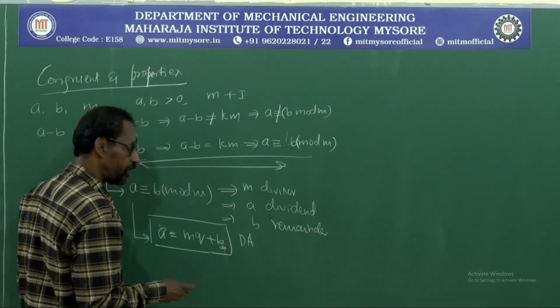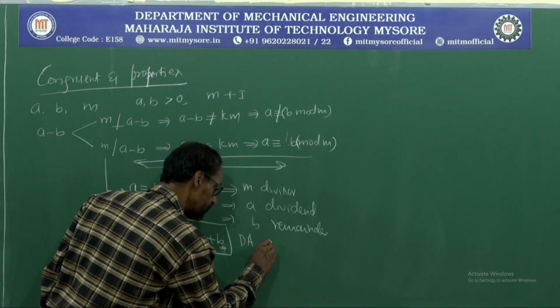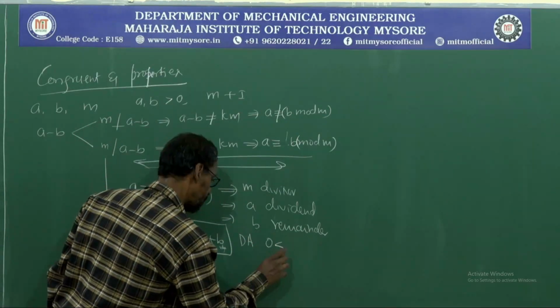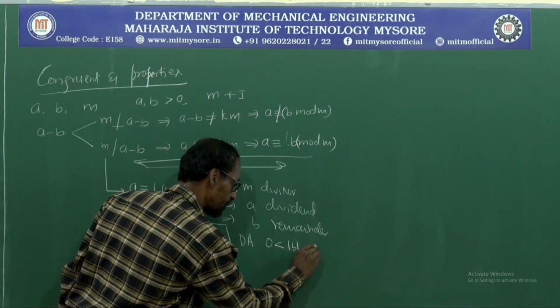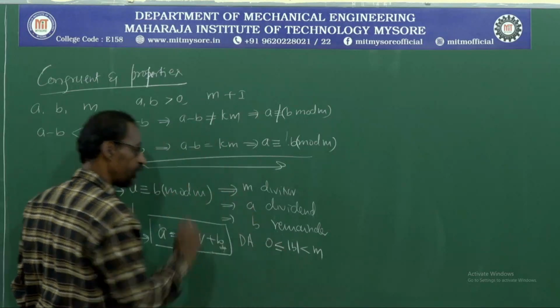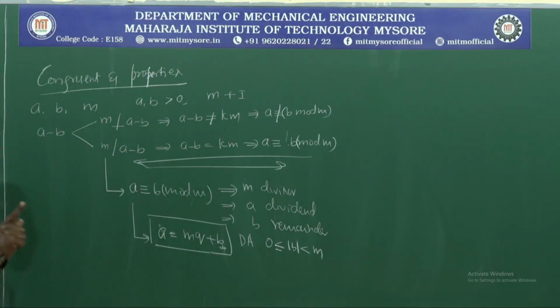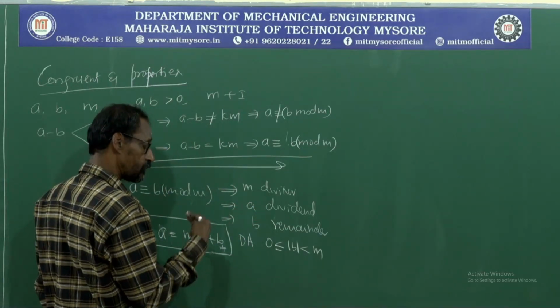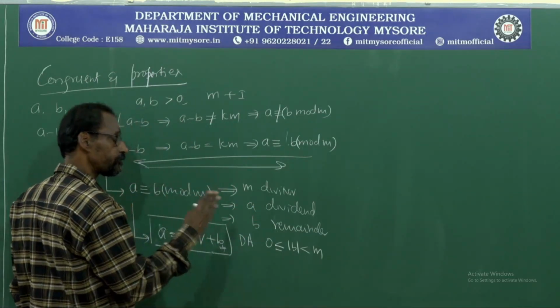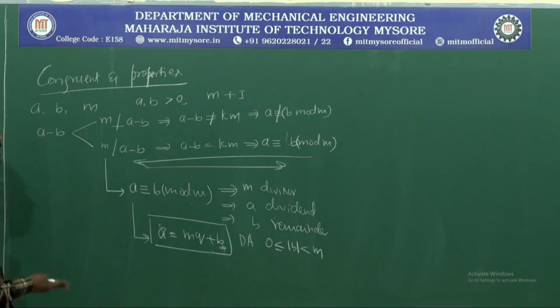You know the condition of the remainder: 0 less than or equal to b, and b less than m. It can be equal to 0 but never equal to m. So it should be between 0 and the divisor, excluding the divisor.